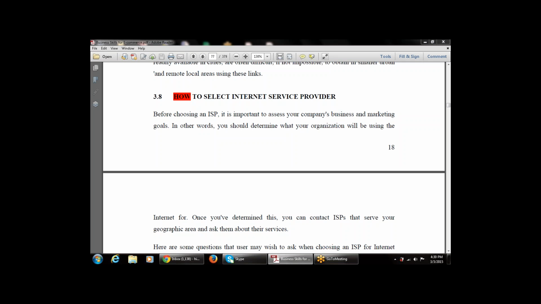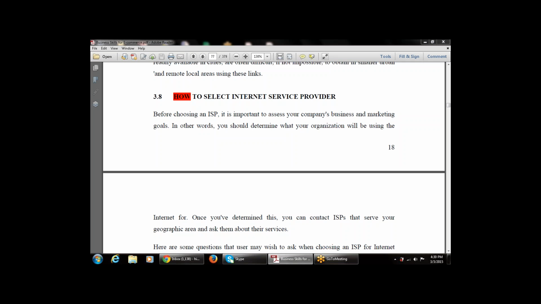In other words, whenever you want to take an ISP, you should determine what your organization will be using the internet for. What is the purpose, why does the organization want the internet, what is the main purpose for using it? First of all, it is mandatory to determine for what purpose the internet will be required.